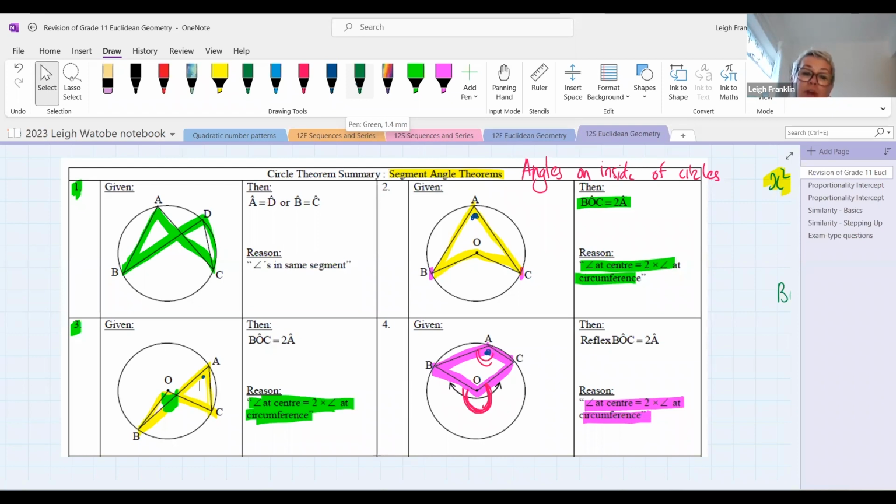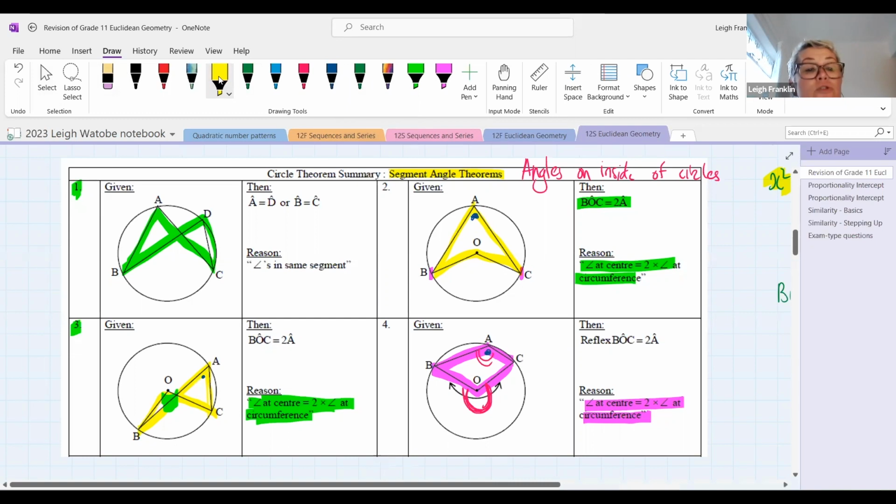They're all at the circumference. In 3, there is a fourth point at O, but it's not on the circle. It's in the center. So these are two completely different things. Angles in the same segment is not the same thing as angle at center is twice angle at circumference. But because it makes that sort of bow tie shape, we sometimes get confused.